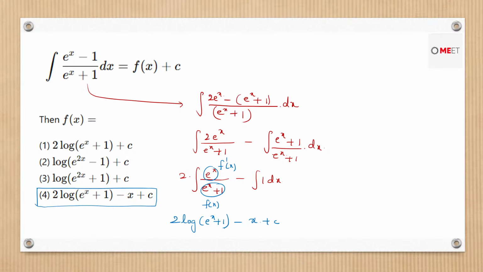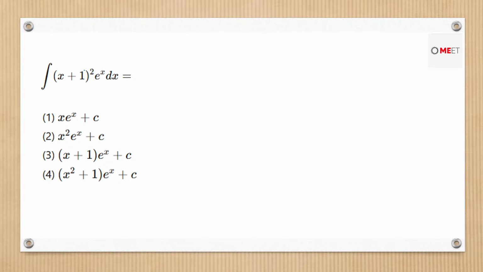Moving to next question. So this is some algebraic function and an exponential function. So let's try to expand and see. This is integral x square plus 2x plus 1 into e power x dx.